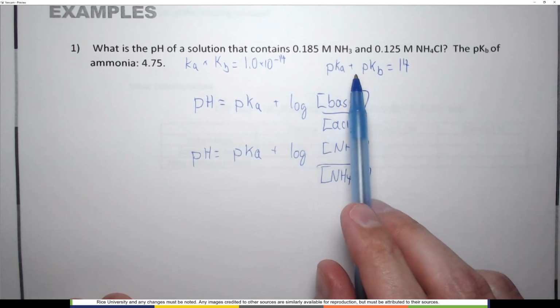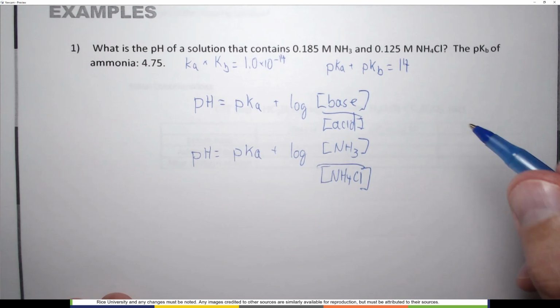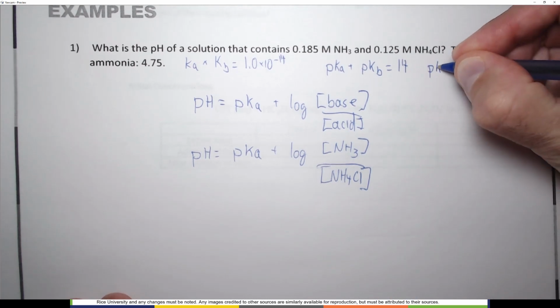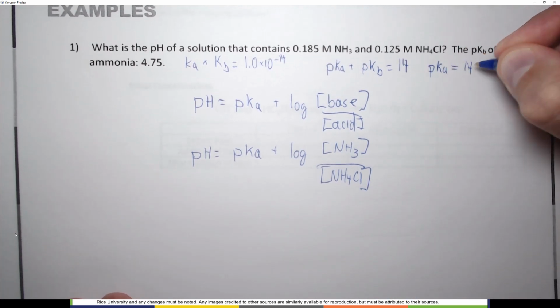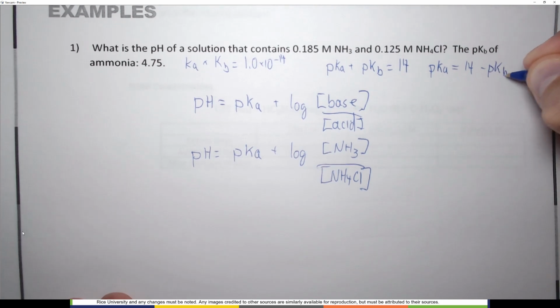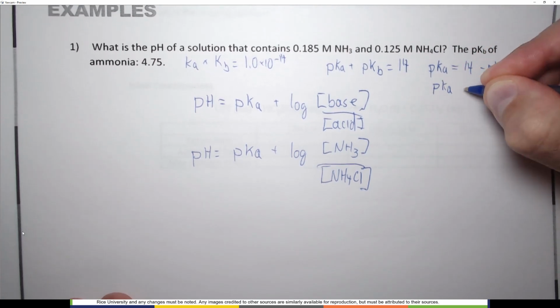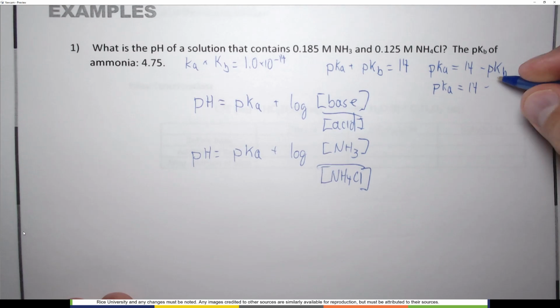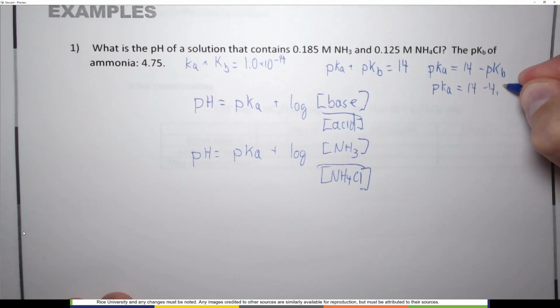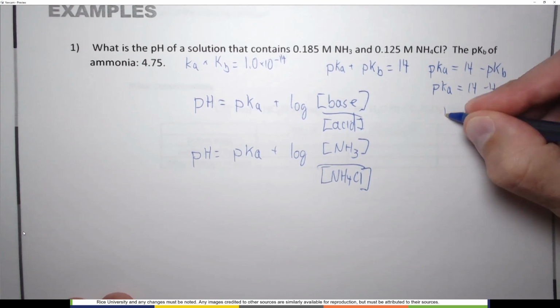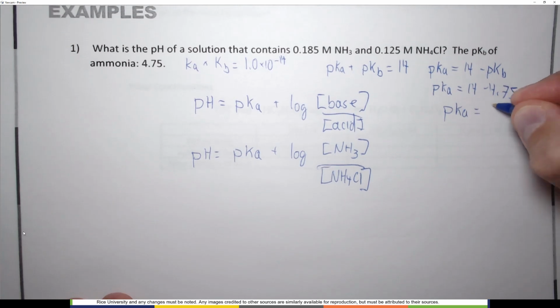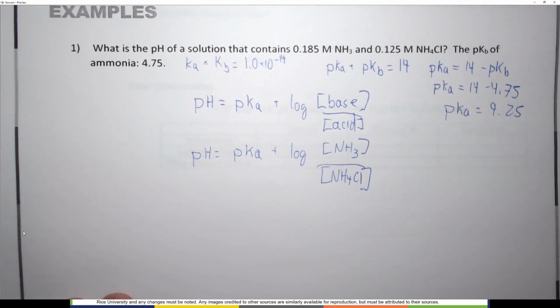All right, so now I can find the pKa. The pKa equals 14 minus the pKb. In this case, the pKa equals 14 minus 4.75. So the pKa equals 9.25.